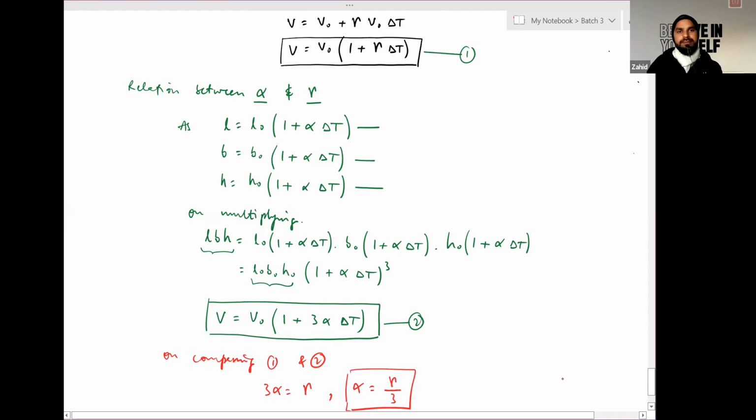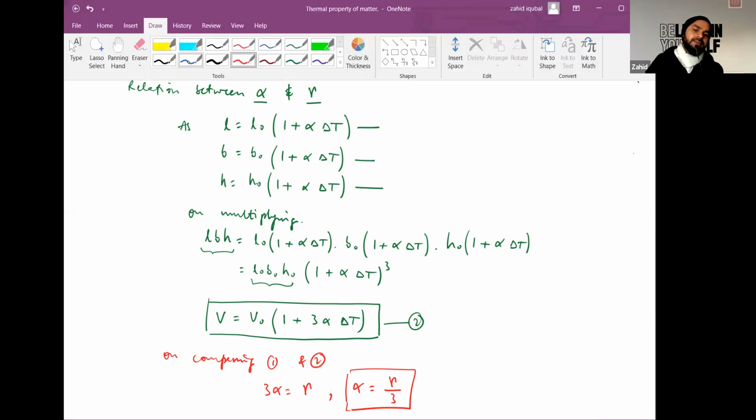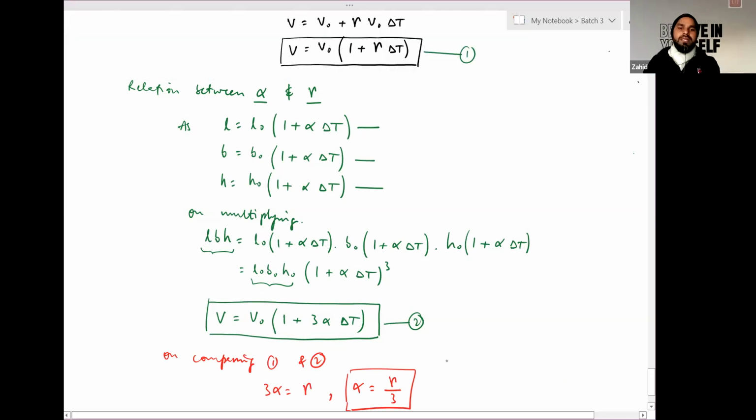Riba, is it clear? Yes. Okay. Now we have calculated alpha in terms of beta and alpha in terms of gamma. Now let me define the relation between all three terms together. Alpha is one-dimensional, so divided by 1. Beta is two-dimensional, so divide by 2. Gamma is three-dimensional, divide by 3. These all three are equal.